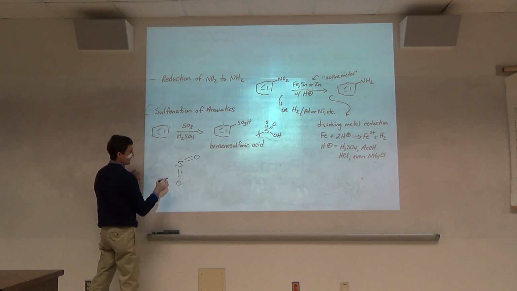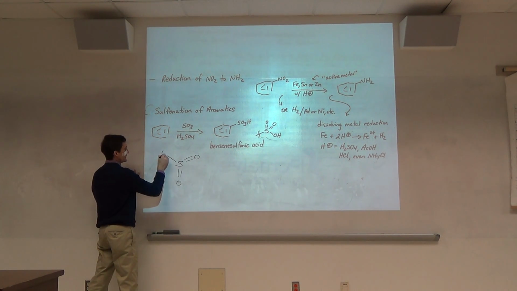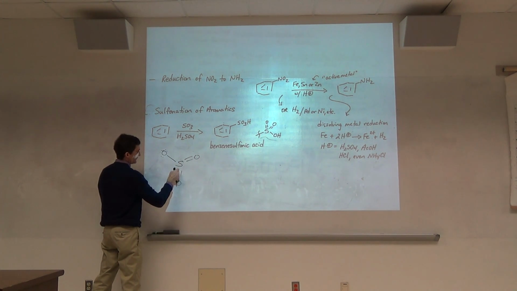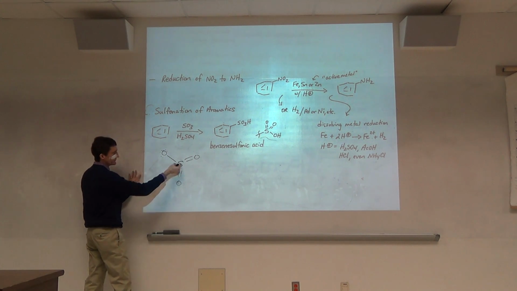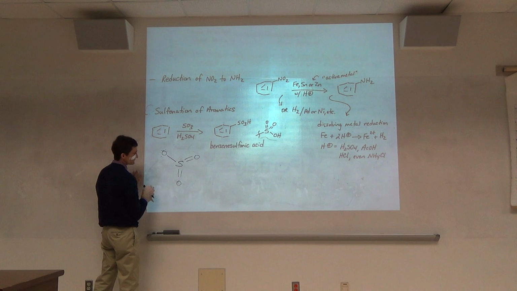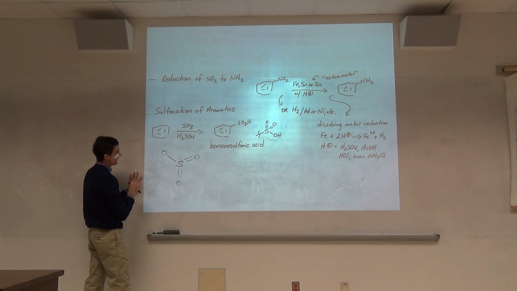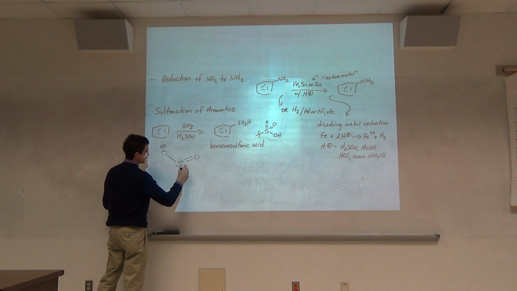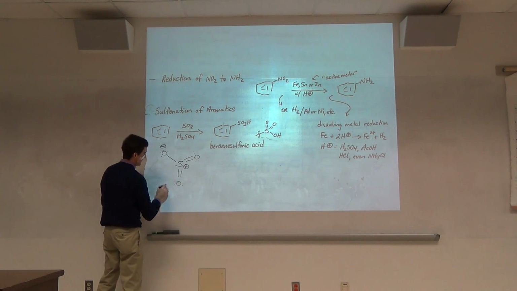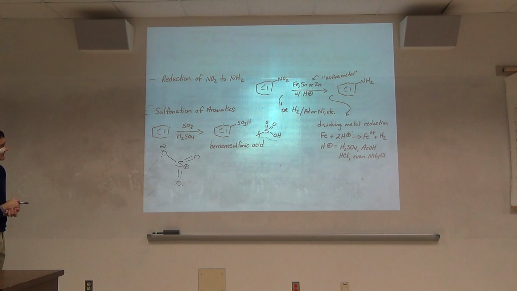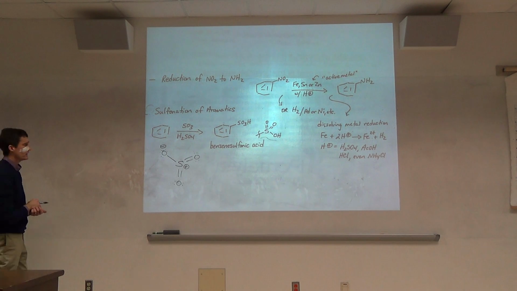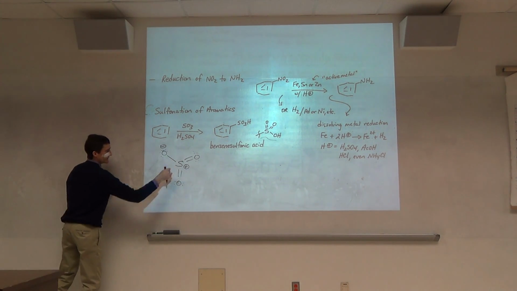Let's see. One, two, three, four. 1, 2, 3, 4, 5. All depends on if you want to expand the octet. 2, 4, 6, 8. It's already expanded. Let's see how this looks. Is that a reasonable Lewis structure for SO3? I mean, it's got 10 electrons around it.